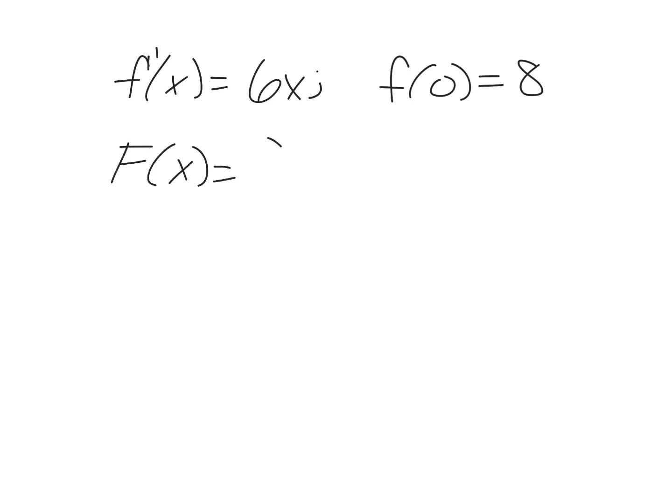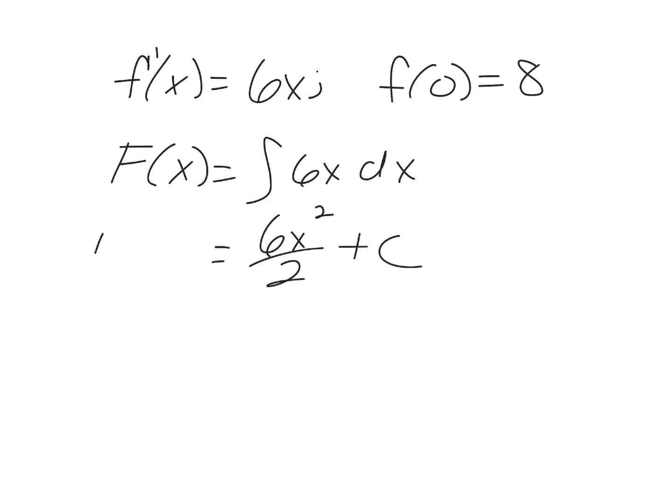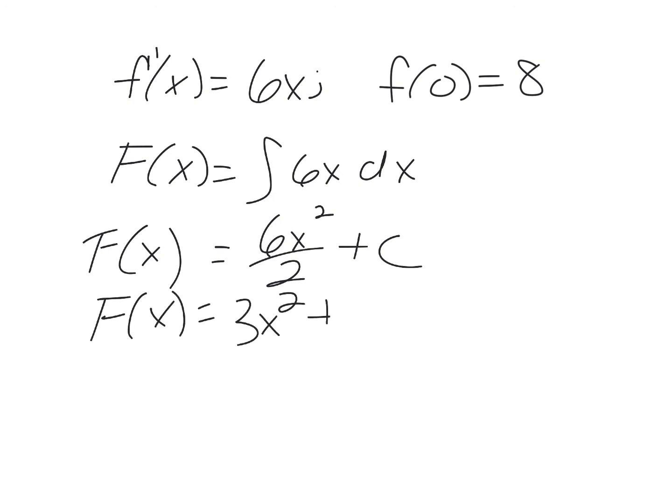f of x is equal to the integral of 6x dx. We solve, so it's going to be 6x squared over 2 plus c, and that simplifies to 3x squared plus c.